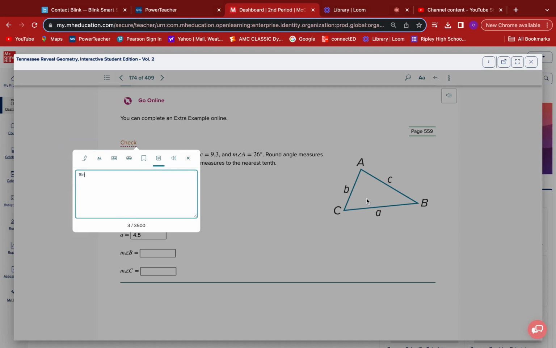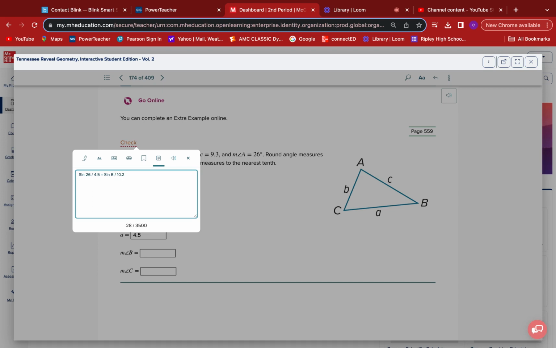So it's going to be sine of angle A divided by little a equals, let's find angle B first. So it'll be sine of angle B over little b, and little b was 10.2. Cross multiply.